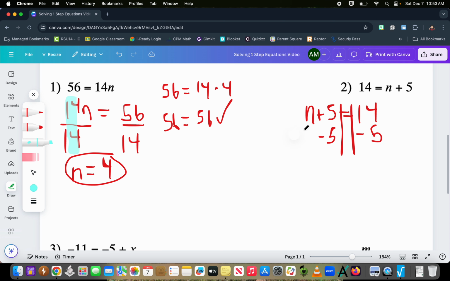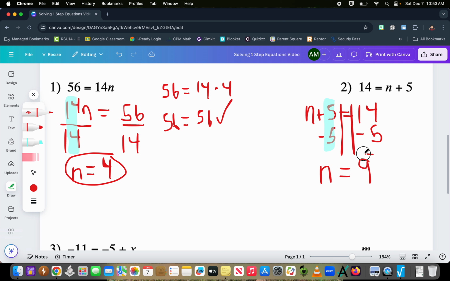What happens here is 5 minus 5 makes a 0 pair and cancels itself out. On the left side, I'm just left with n, 1n, which is what we want. On the right side, I have 14 minus 5, and 14 minus 5 is 9.